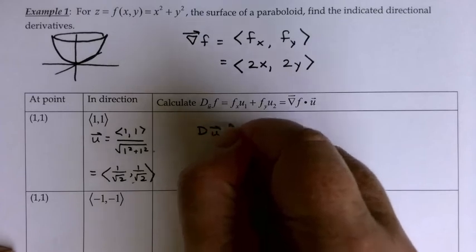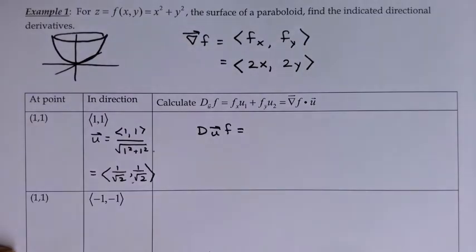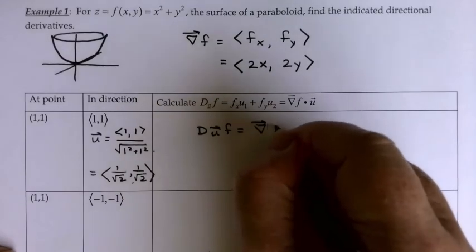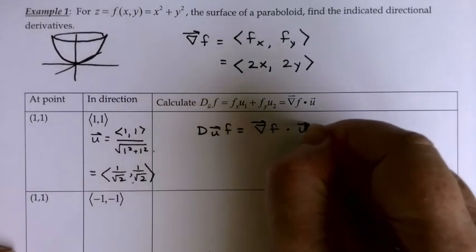That means that my directional derivative is going to be gradient of f dot u.